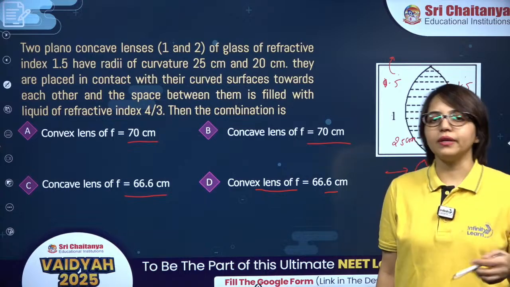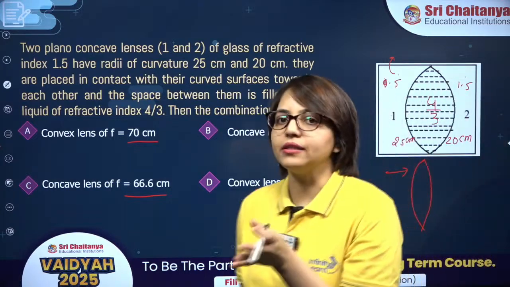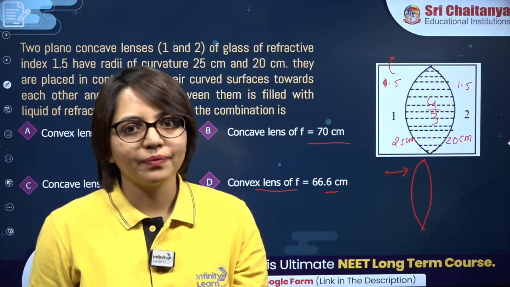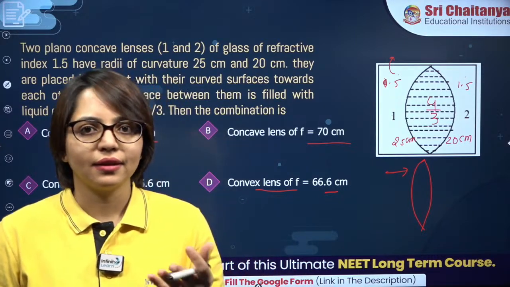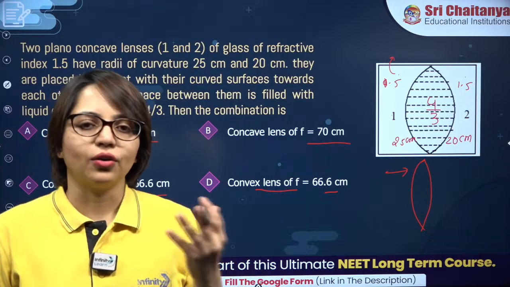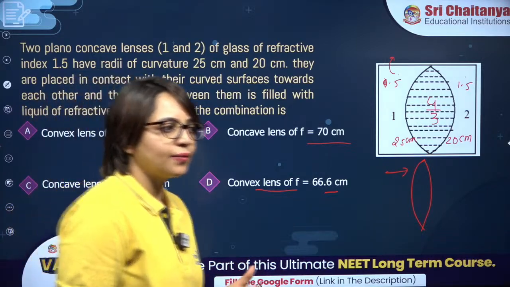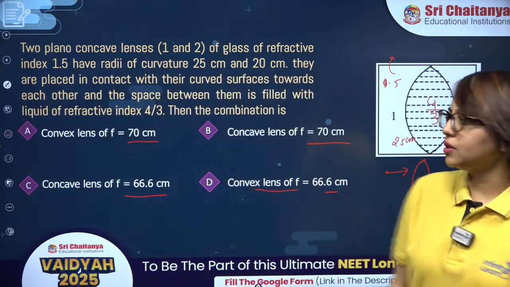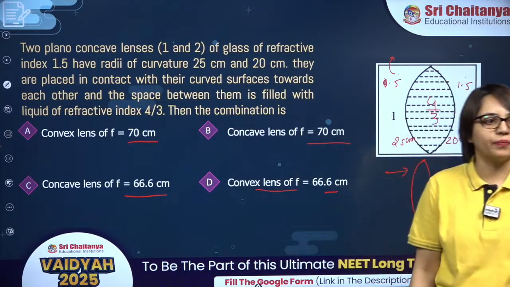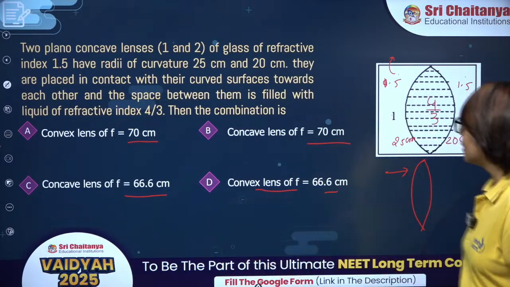But when you change the medium, the convex may behave like a concave, right? So lens जो होता है, जो दिखता है वो होता नहीं है, और जो होता है वो दिखता नहीं है in the lens. Fine. So don't just go for the shape and try to mark the answer. You will get -1. I'll show you कैसे.